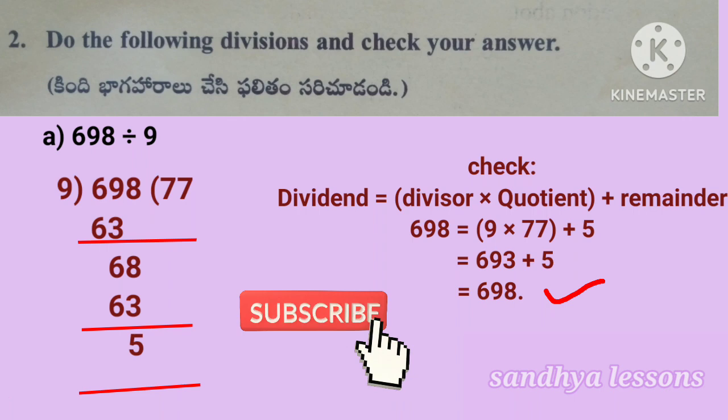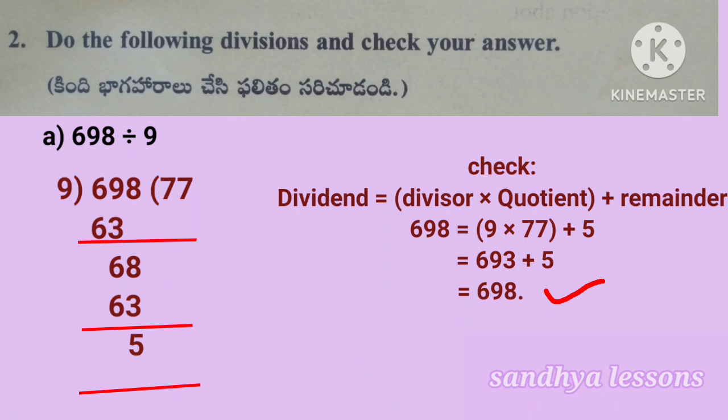By applying this formula, we have to get the dividend by multiplying divisor with quotient and adding remainder. By applying the formula, 9 into 77 plus 5 is equals to 698, which is equals to the dividend. So, the division is correct.